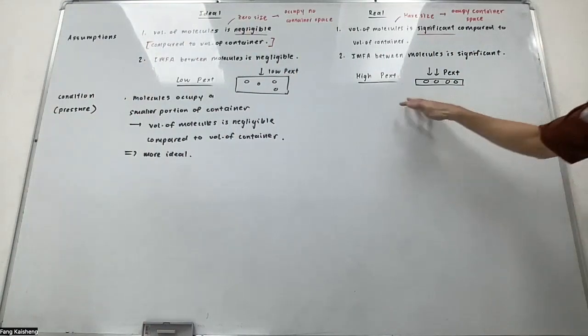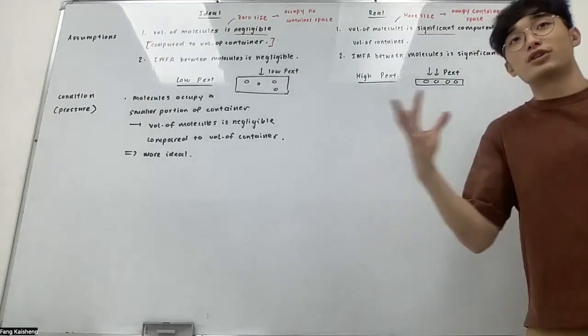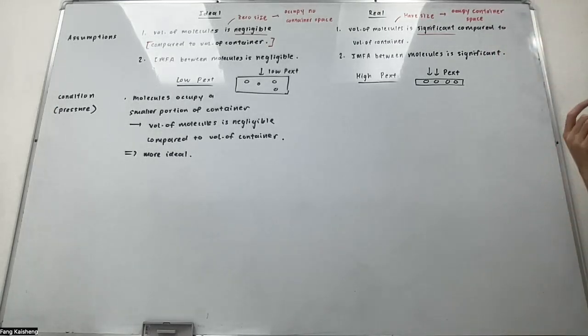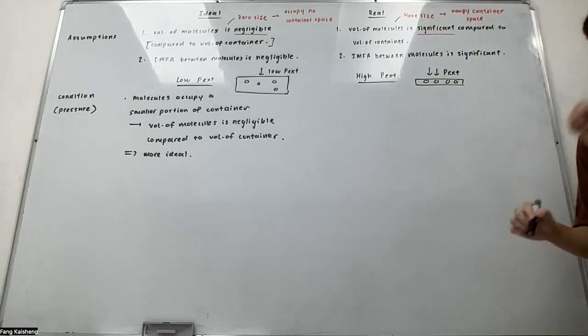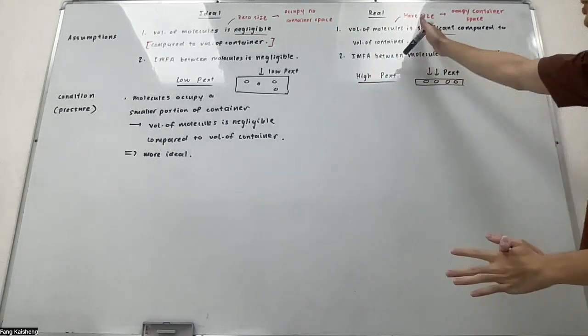But on the other hand, when you have a high external pressure, the molecules occupy a way larger portion, right? So that means the volume has to be, what's the word that we need to use? Significant. And if your volume is significant, the gas behaves less ideal, because it's going towards a real gas.